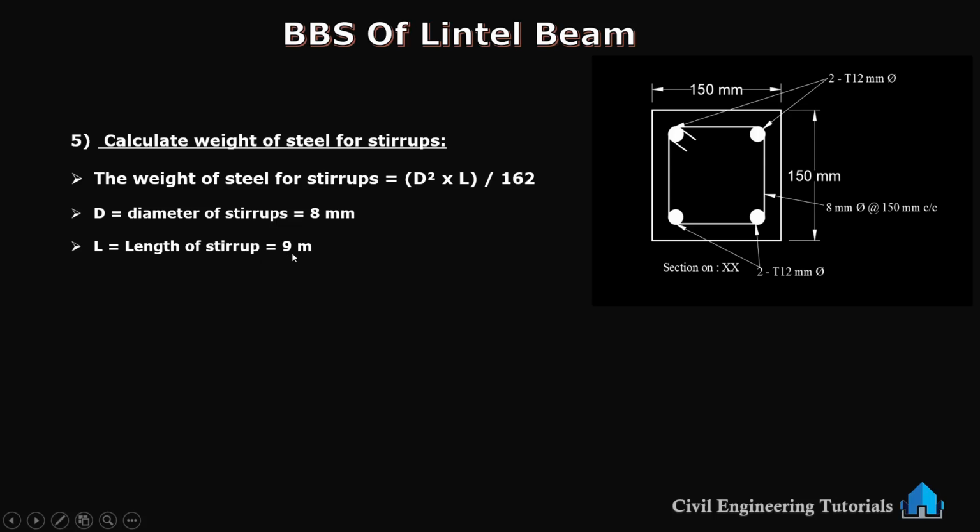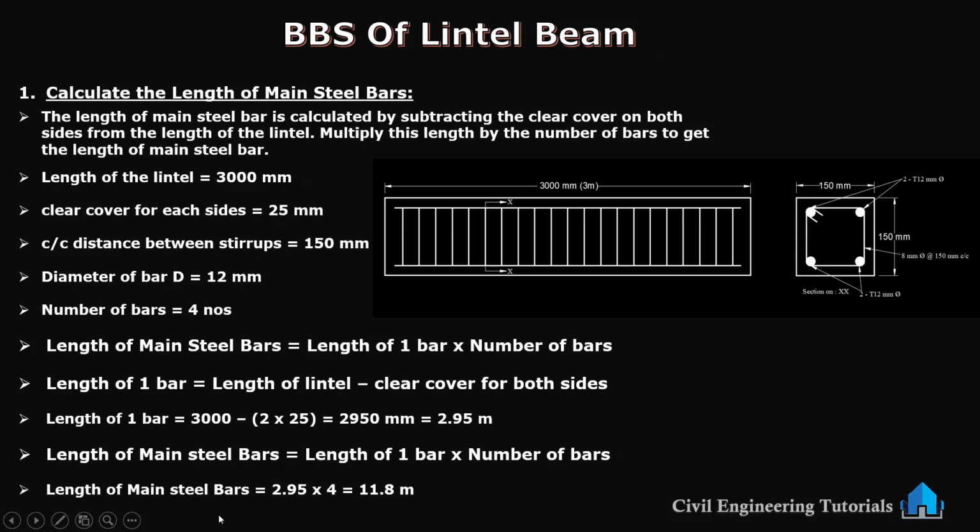We have calculated this. Weight of steel for stirrup: D square L, 8 square into L 9, divided by 162, is 3.5 kg. So this is weight of steel. We have calculated 3.5.